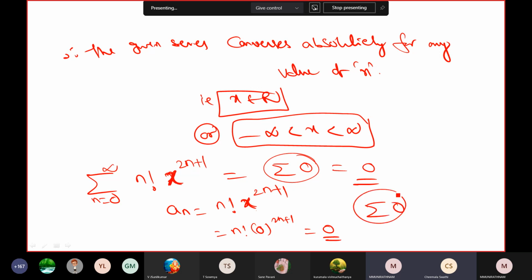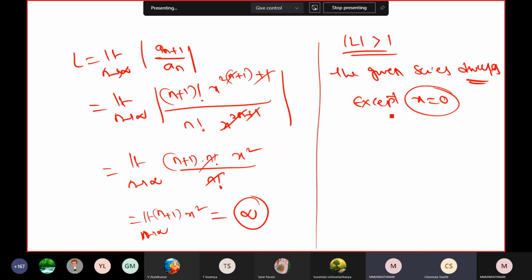Means that sum of 0 అవుతుంది. Sum of infinite zeros. ఎన్ని జీరోస్ యాడ్ చేసినా 0నే కదా? Yes, sir. ఓకేనా? So the given series diverges except x equal to 0. Okay?